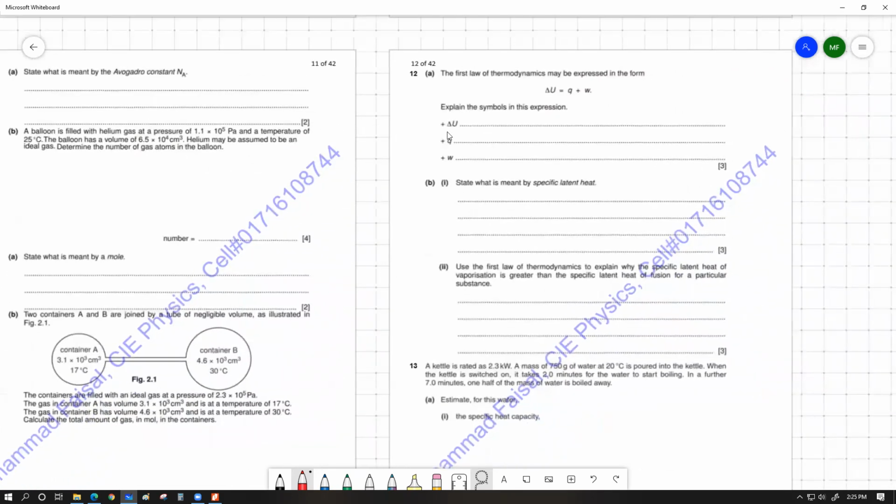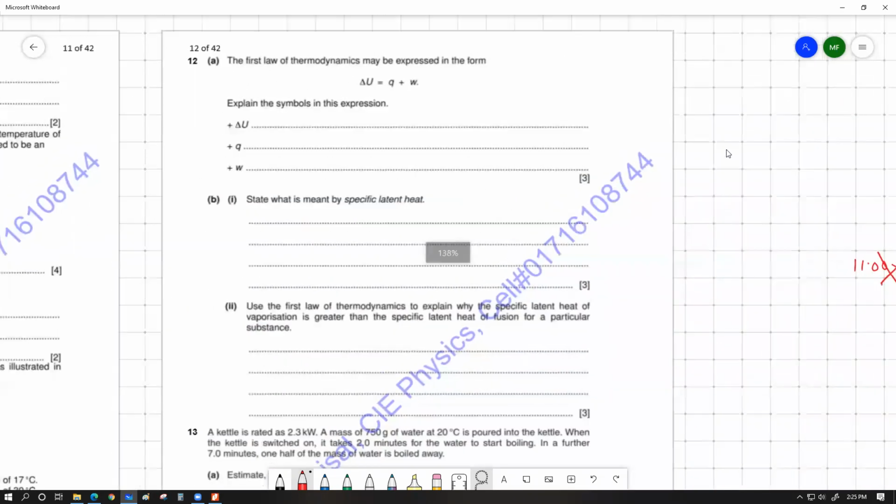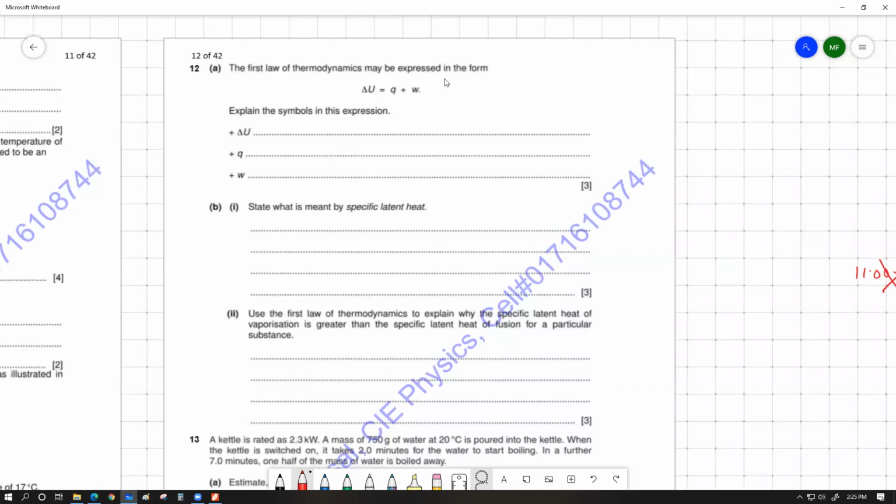আচ্ছা, নাম্বার 12 তে একটু খেয়াল করি, এখানে ওয়ার্ডিং এর জন্য মাঝে মাঝে ভুল হয়। 12 এ বলছে the first law of thermodynamics may be expressed in the form delta U equals Q plus W. So here the change in internal energy, or to be more precise, increase in internal energy is given on the left side, which should mean that Q should be the input heat, W should be the input work.